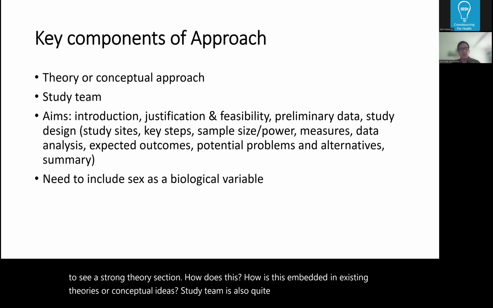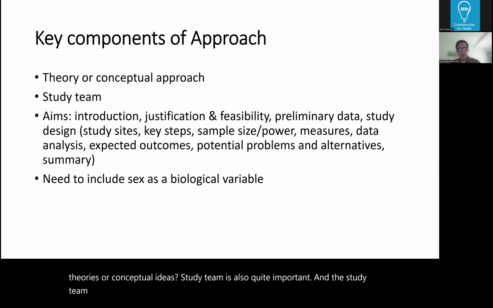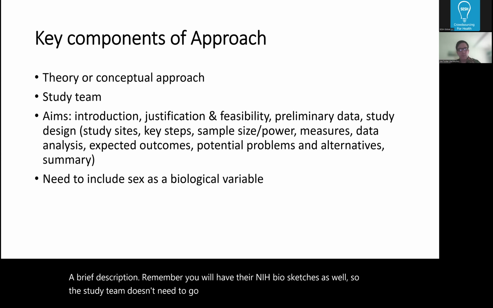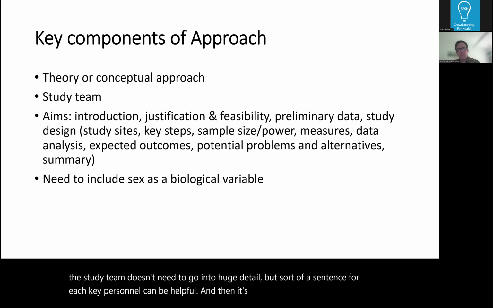And the study team includes the PI or PIs, as well as key personnel, a brief description. Remember, you will have their NIH bio sketches as well. So the study team doesn't need to go into huge detail, but a sentence for each key personnel can be helpful. And then it's usually organized along the specific aims.